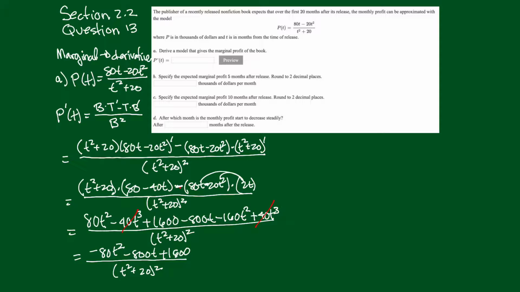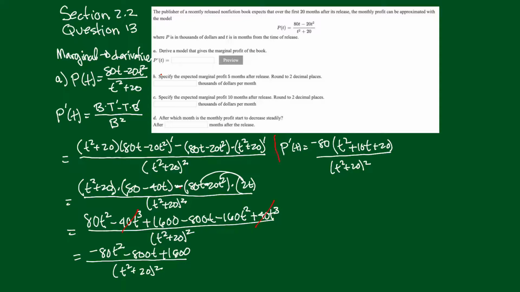You know, negative 80, negative 800, and 1600, there's an 80 in each one of those. So here's where we are on the right now. P prime of t is equal to, I'm going to take out that negative 80. And I'm left with t squared, plus 10t, plus 20, since 80 into 1600 is 20, all over that denominator squared, t squared plus 20 squared.